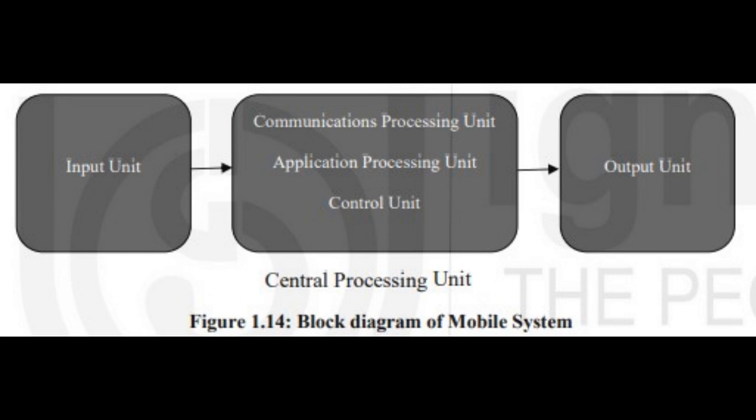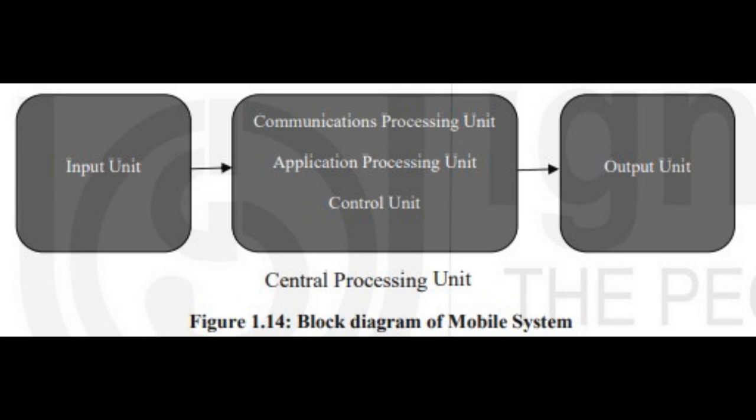In addition, some other functional units like display management, memory management, power management, and data management can be considered to be associated with the mobile system architecture, but the discussion is beyond the scope of this course. All these units, under the mobile CPU, can be understood to be working under the control of a mobile control unit for control and synchronization purposes. Figure 1.14, block diagram of mobile system.